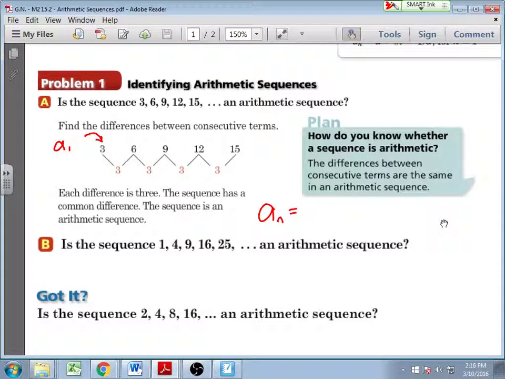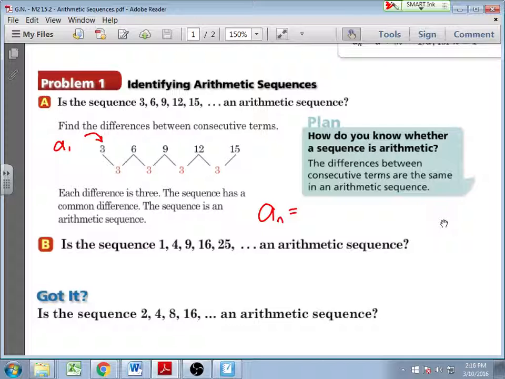I think you're trying a little bit too hard. So up here, this A, where I mean it's on your paper, that A, we really want to make that our A sub 1, our first term that we know.